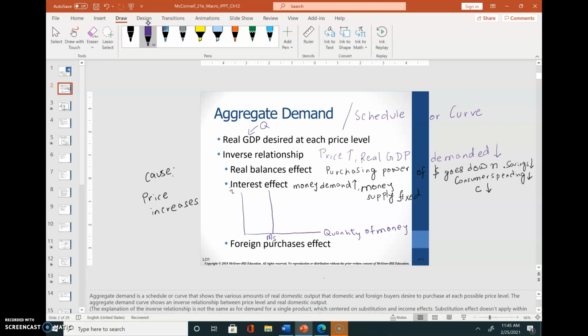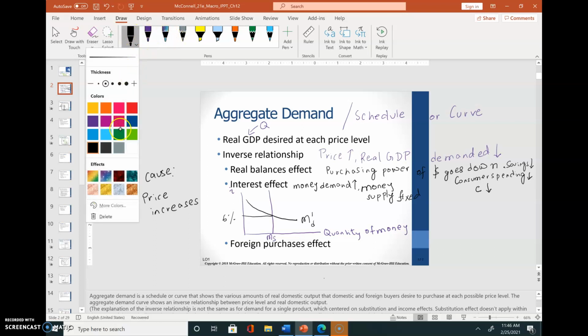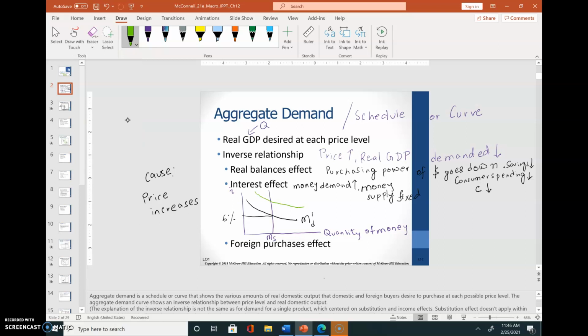Let's say this is MS. Now this one is the money demand curve. Let's say they intersect at an equilibrium interest rate, say equal to 6%. Now when prices are going up, demand for money is increasing. So this money demand curve will shift up, and we have an equilibrium at a higher interest rate. So basically your interest rate is going up.